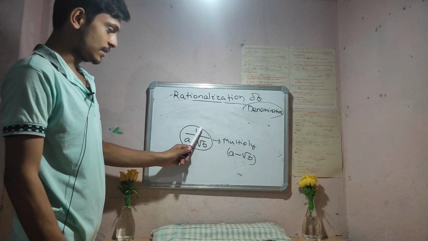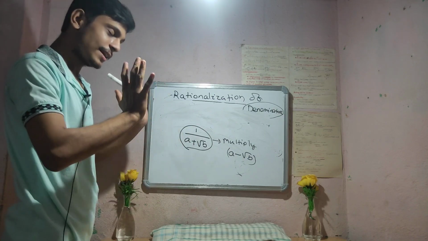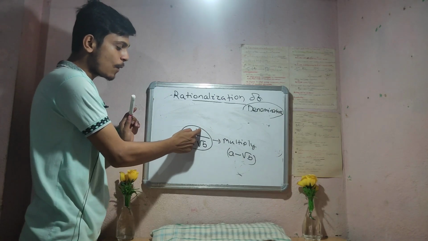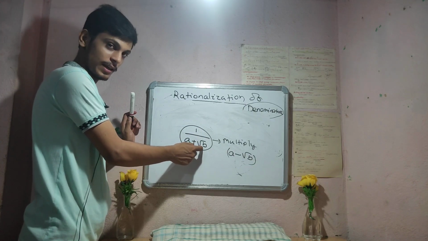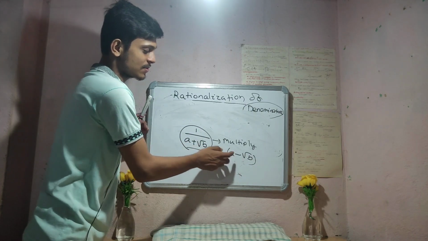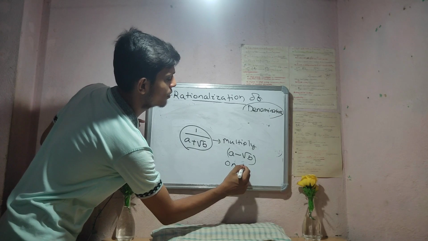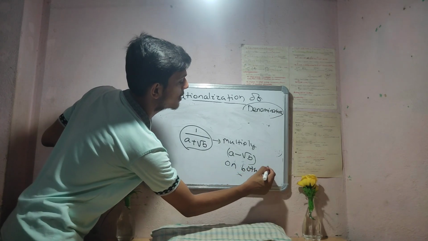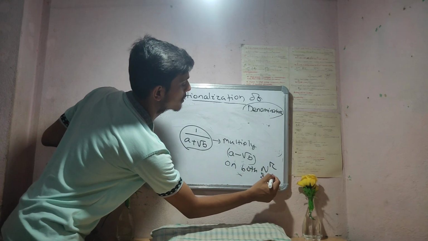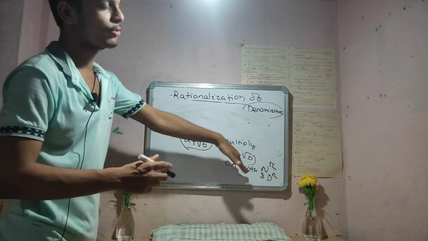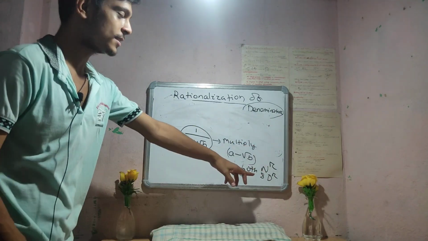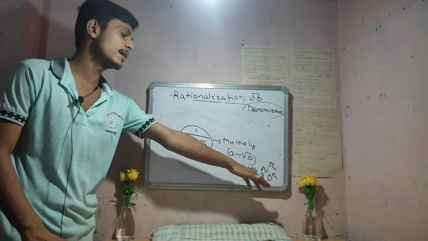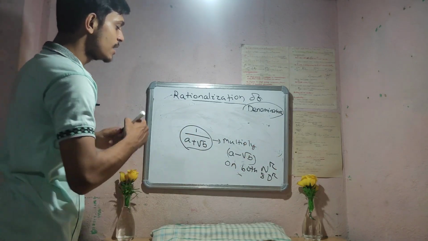Remember this. This is very important. When the number is in the form 1 upon a plus the square root of b, you have to multiply by a minus the square root of b on both numerator and denominator. NR means numerator and DR means denominator. Clear?